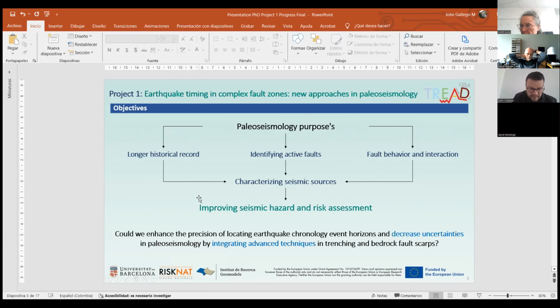With that in mind, I formulate my research question: to enhance the precision of locating earthquake chronology event horizons and decrease the uncertainties in paleoseismology by integrating new techniques.